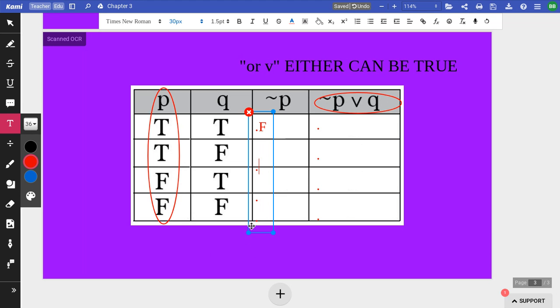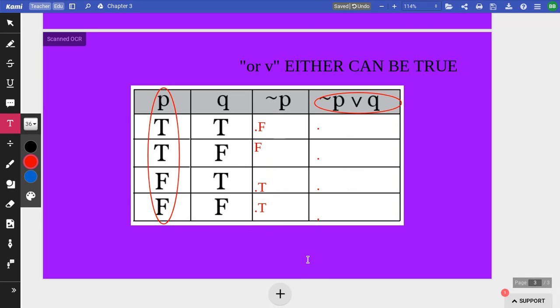For the second one, it says true. What's not true is obviously false. For the third one, it says false. What's the opposite of false? True. And for the fourth one, it says false, opposite of false, true. So negation is literally the opposite of the statement that they originally give us.